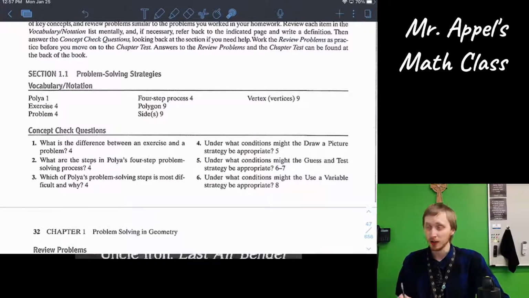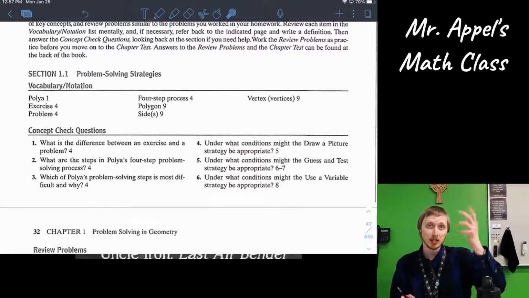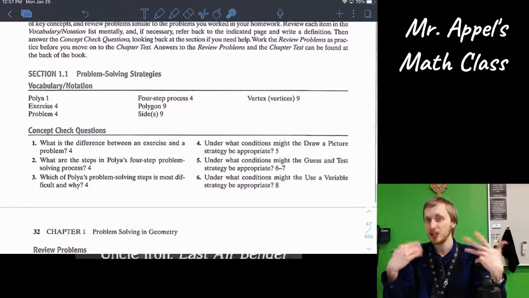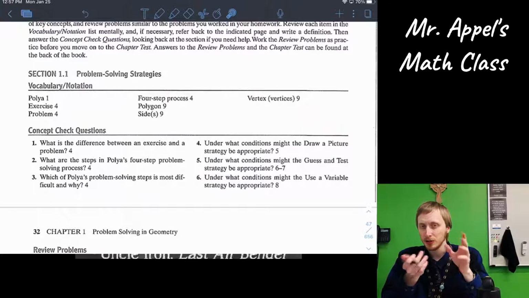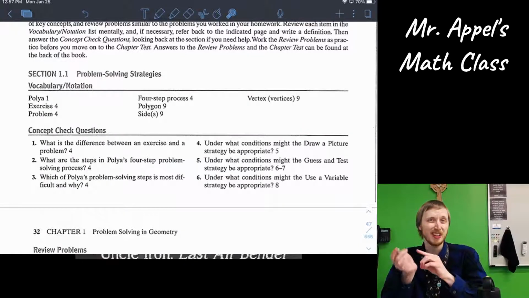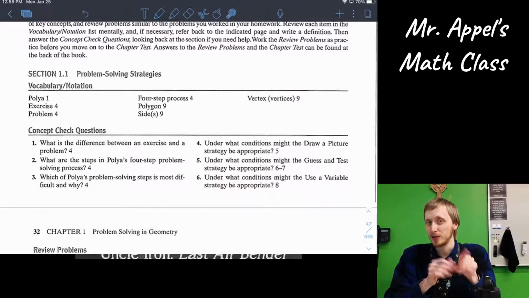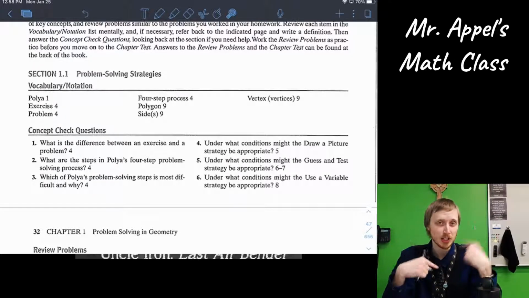Conditions where this strategy would be useful. So all those clues that tell you when to use a particular strategy, those are going to be questions on the test. In fact, I'll let you know a little secret. A lot of the test questions will look remarkably like the quiz questions that you've done the past couple of weeks.